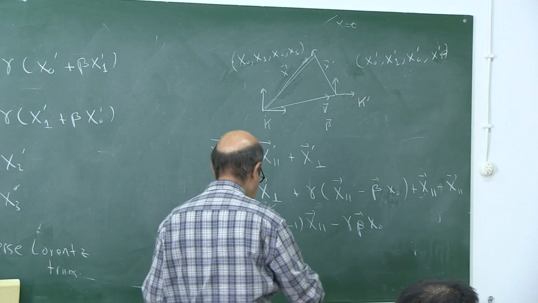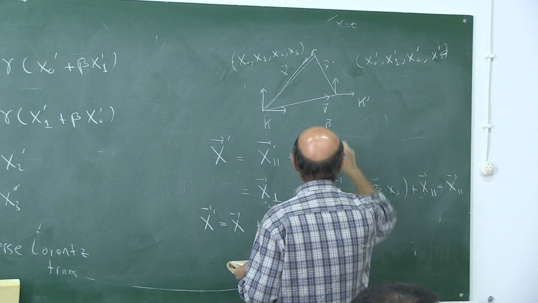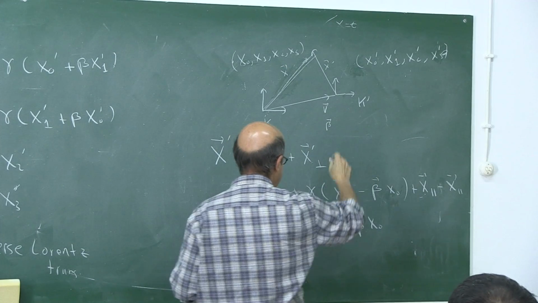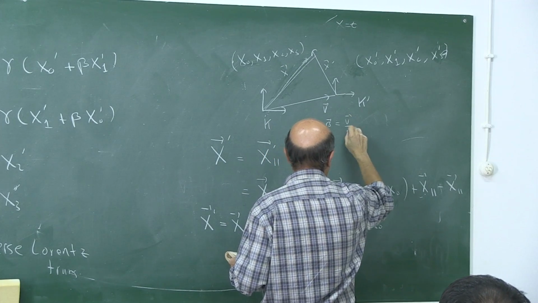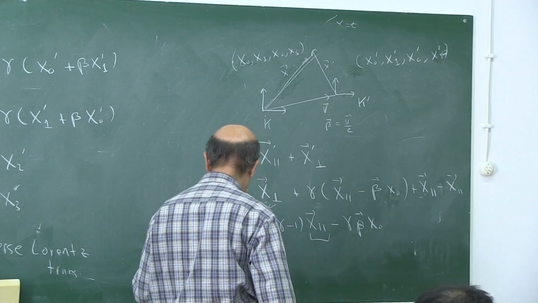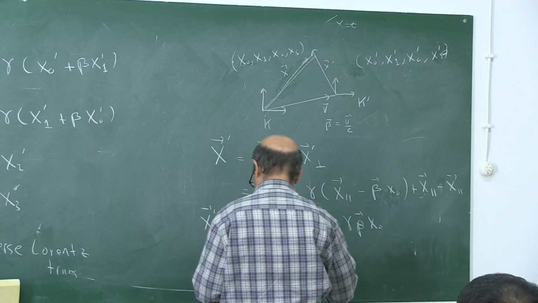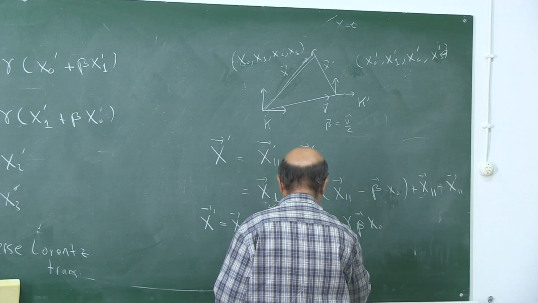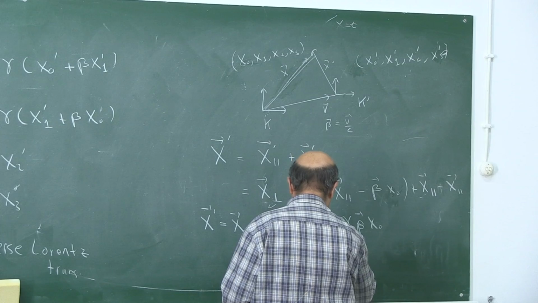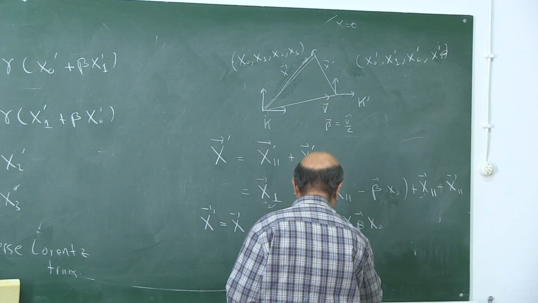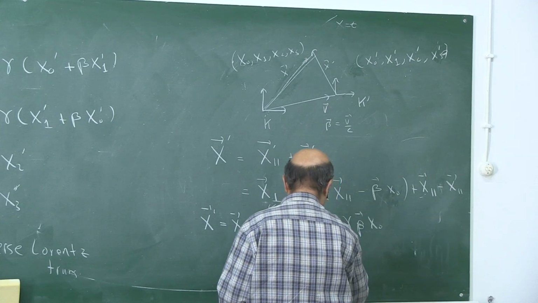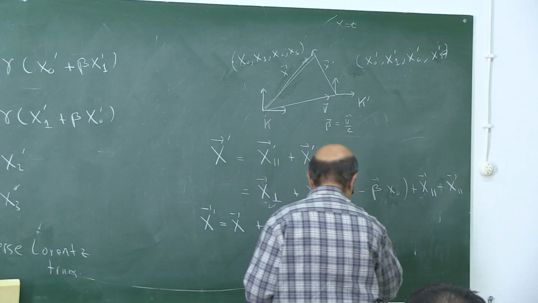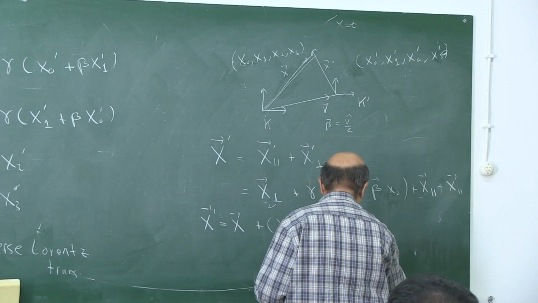And you can write the x parallel. So basically v and beta are the same thing. V over c is the beta. So you can write the x parallel in general as x dot product with the beta unit vector, the projection of x along the beta unit vector, times the unit vector itself.